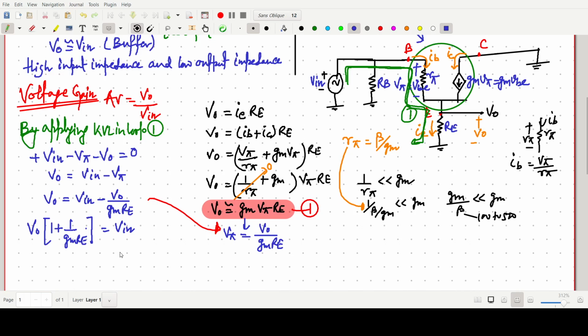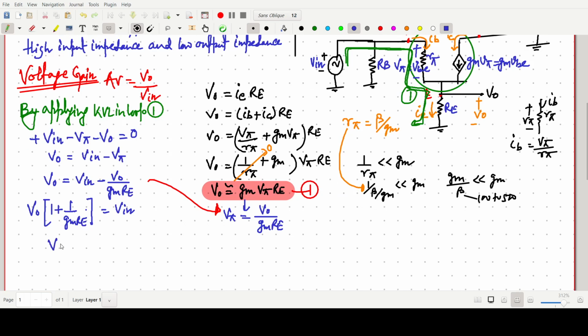So the gain is very simple: V naught by V in equals 1 by (1 plus 1 by gm RE), or this expression can be written as gm RE by (gm RE plus 1).